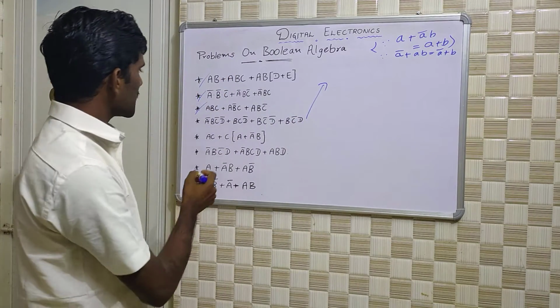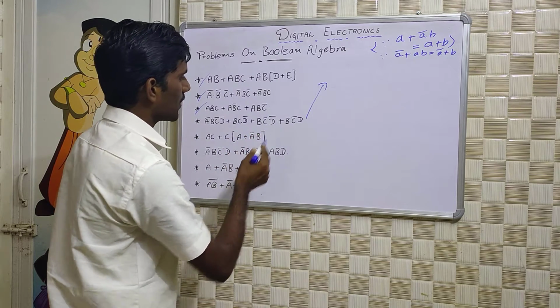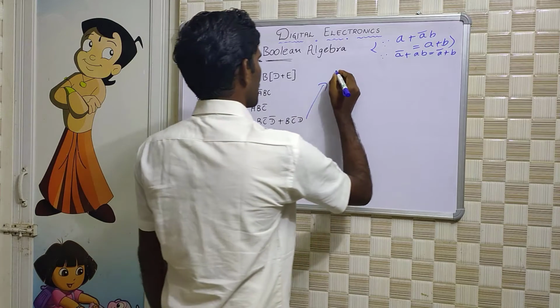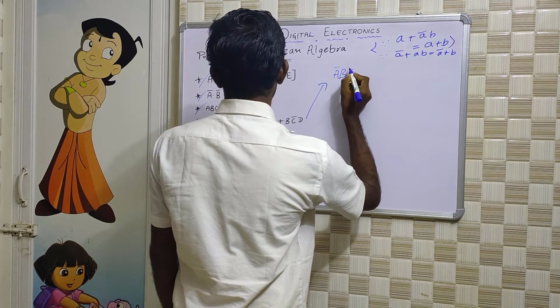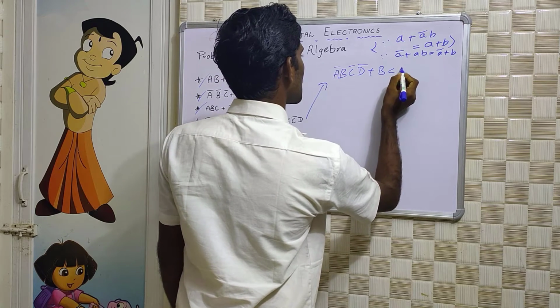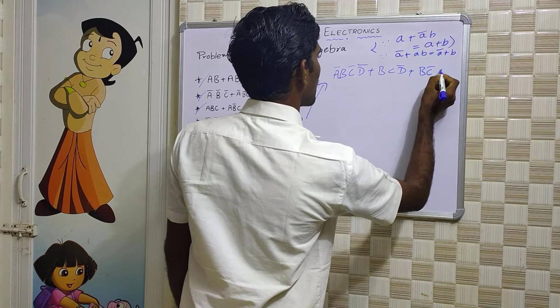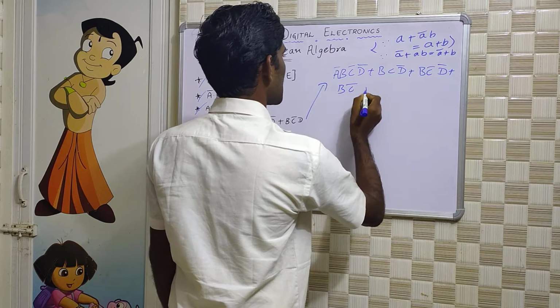A bar B C bar D bar plus B C D bar plus B C bar D bar plus B C bar D. I will write it once again.